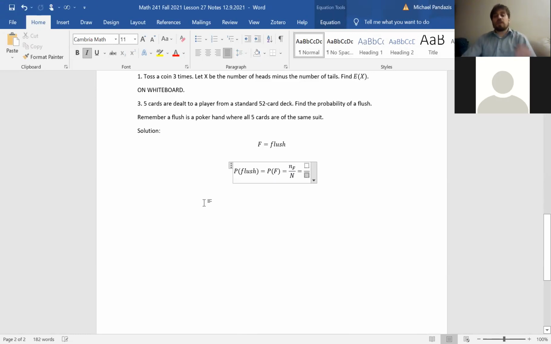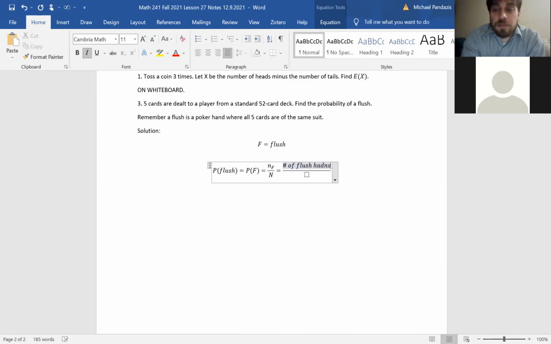So if you know the number of ways to get a flush and you divide it by the total number of possible poker hands, that's the probability of getting a poker hand that is a flush. The numerator is the number of flush hands, and the denominator is the number of possible poker hands. I'm just saying it several ways to help you understand this.